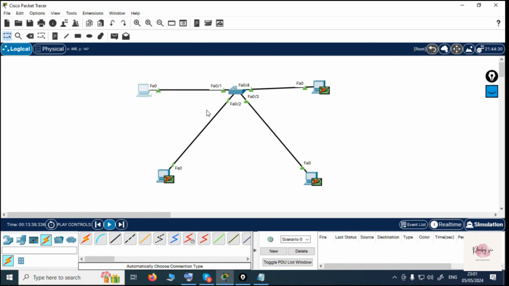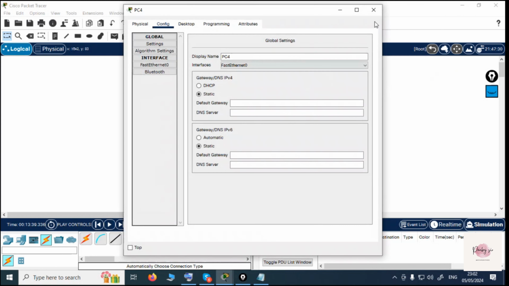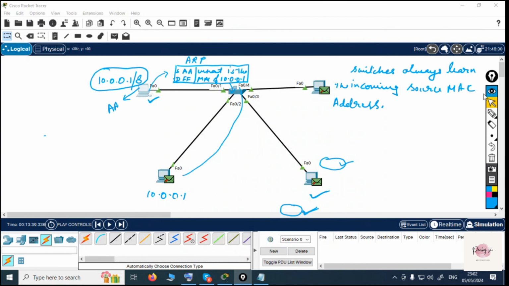Okay, so none of them are replying. It has sent an ARP request for 10.0.0.1. Getting my point? It reached here, it said no, my address is not 10.0.0.1.